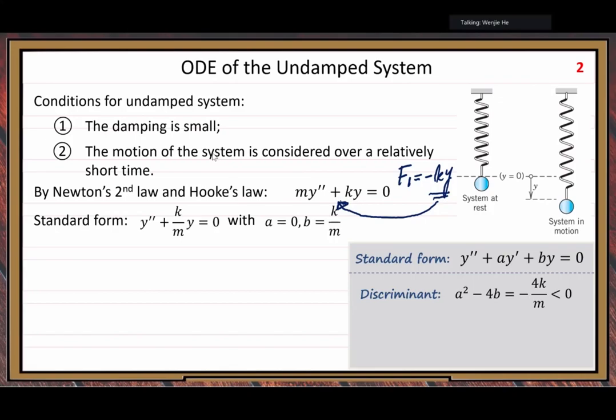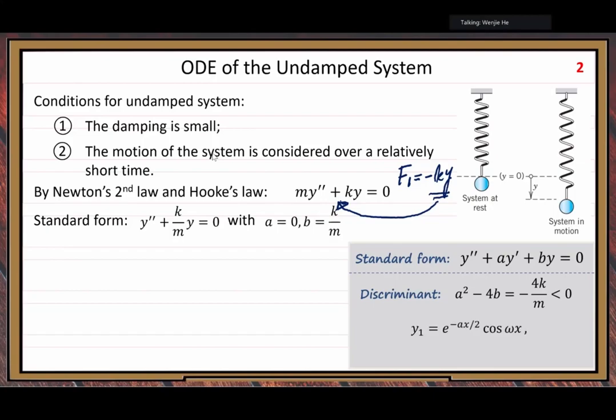It's a negative one. Discriminant negative means the two basis solutions are sine and cosine. Positive, e functions. Negative, sine, cosine.